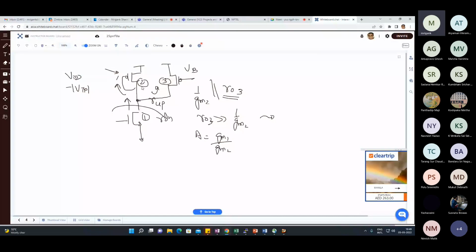I want both of them to be in the saturation region. So if you look at V out max, I will see the min of V out max because of M2 and V out max because of M1. Whatever is the lower of the two will be my V out max.